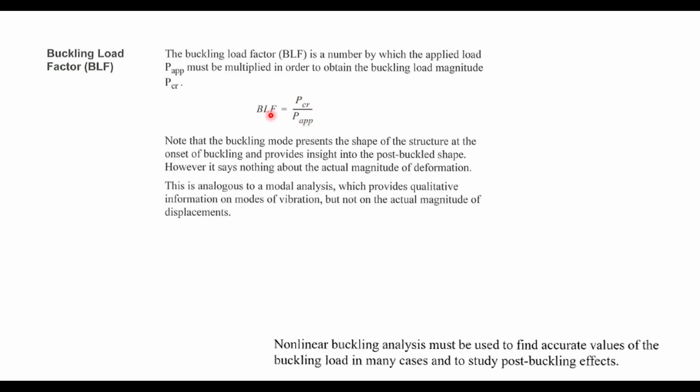The formula is: buckling load factor equals critical load divided by applied load. So what you can do is consider the applied load as unit 1 and multiply it with the buckling load factor. Then you directly get the critical load, whatever the load you have applied. We'll see how we can get the results and how we extract the buckling load factor.